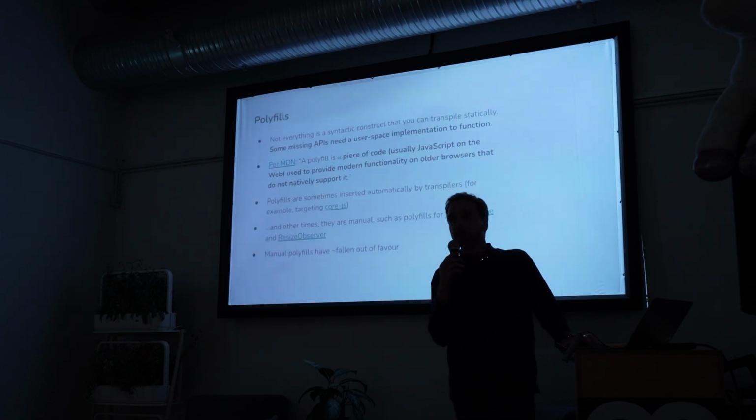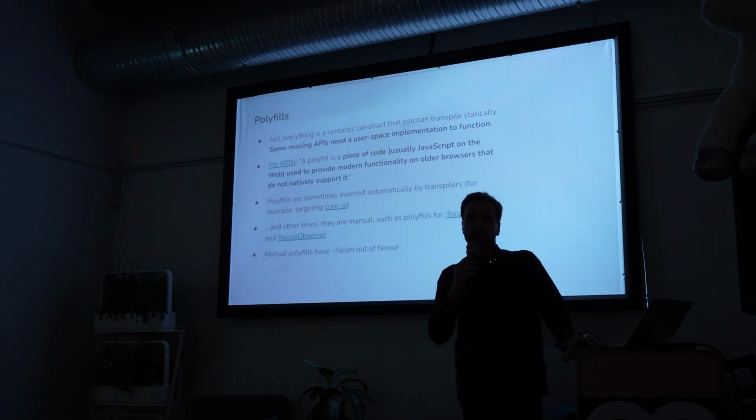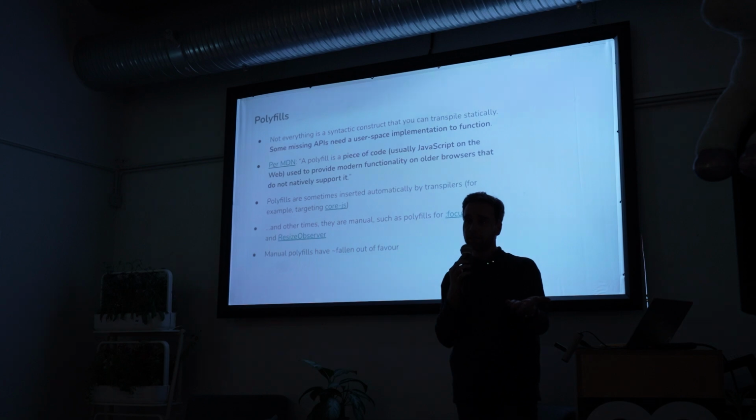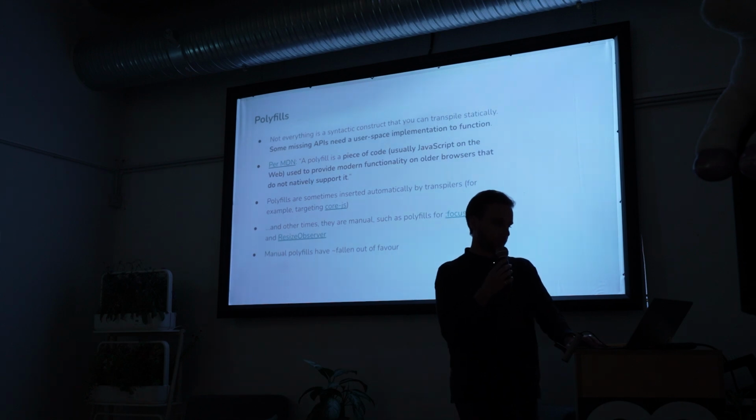Now, moving to more semi-automatic, semi-manual ways, you have polyfills. For example, if there is a piece of functionality that is missing, like a JavaScript API usually, you can provide a user space implementation for it. For example, if certain array methods are missing, you can implement them yourself and then swap them out when there is support for them.